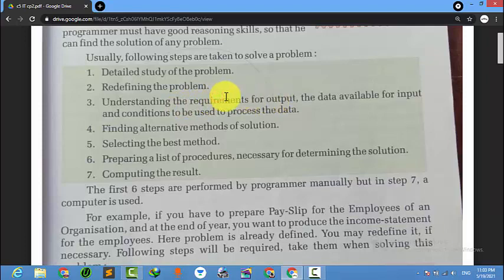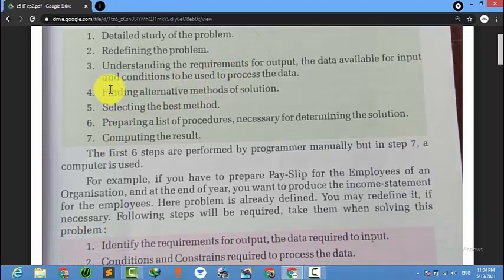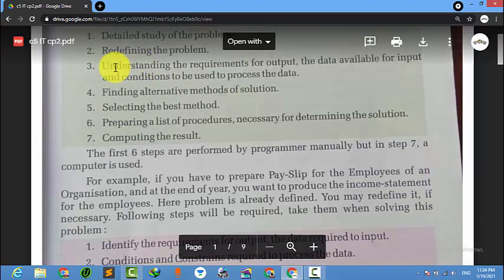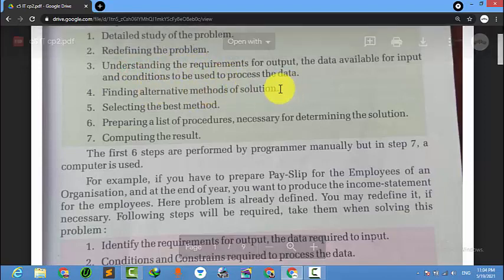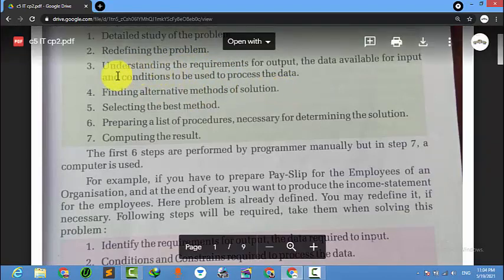One is repairing your PC. The second is buying a new PC. So there are two alternatives. Then selecting: we will select which one is preferable. Suppose repairing a PC takes 6,000 and buying a new PC takes 6,000. Which one will we prefer? The new one, right? So this is an alternative.